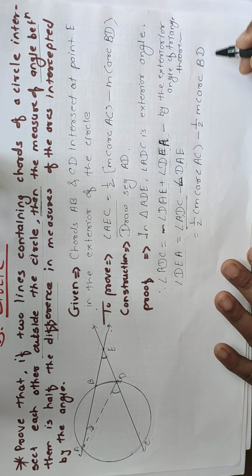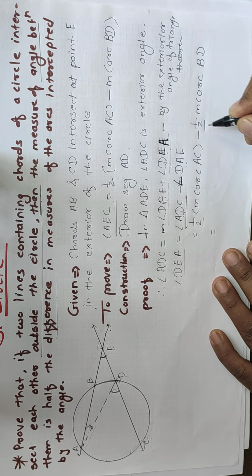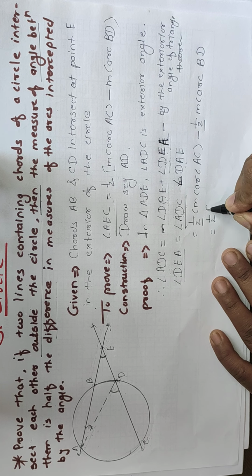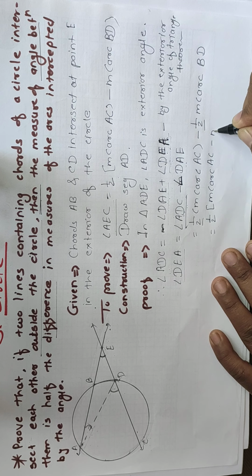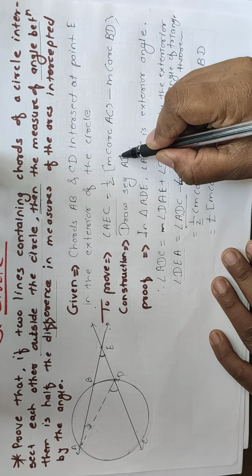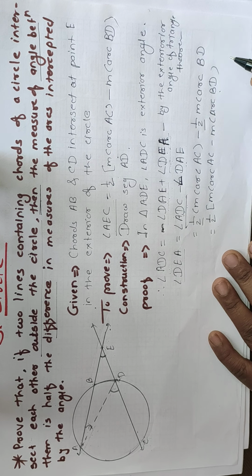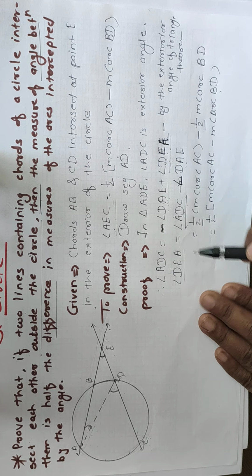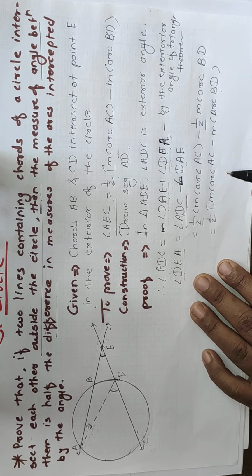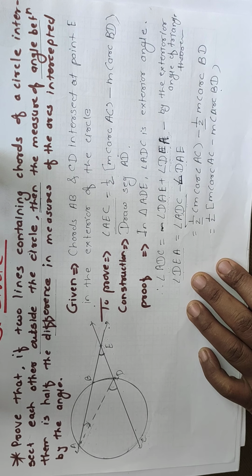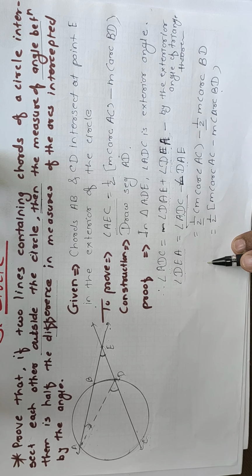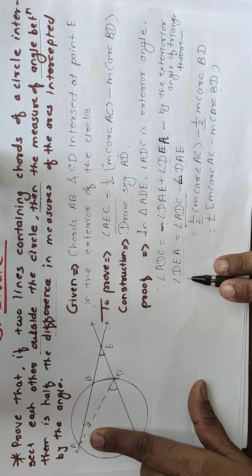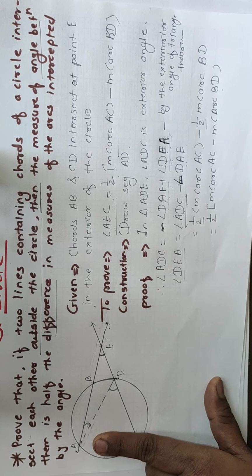In the next step, we take this half common. So here remains the measure of arc AC minus the measure of arc BD. Okay, so we got the RHS of the equation. On the left side I wrote DEA.